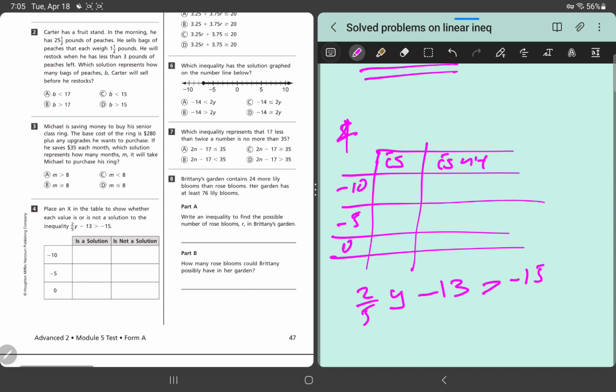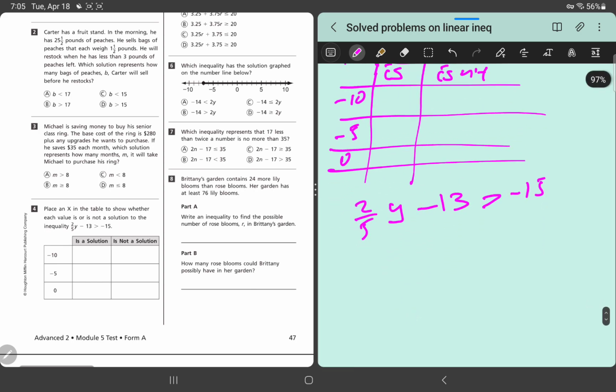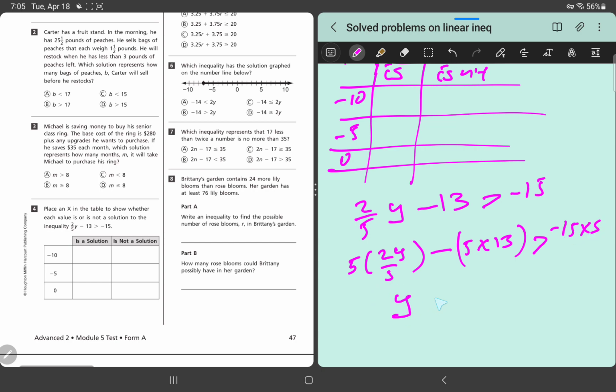So let's find the solution first. First let's multiply every single term by 5. So you do 5 times 2y over 5 minus 5 times 13, greater than minus 15 times 5.